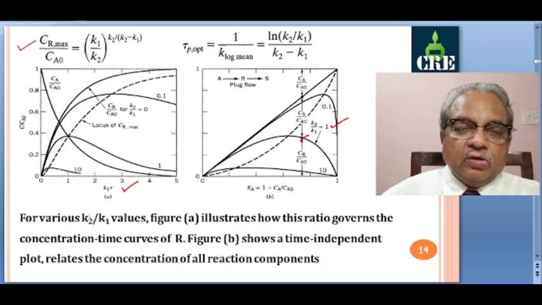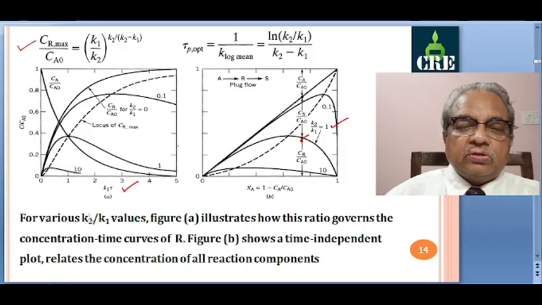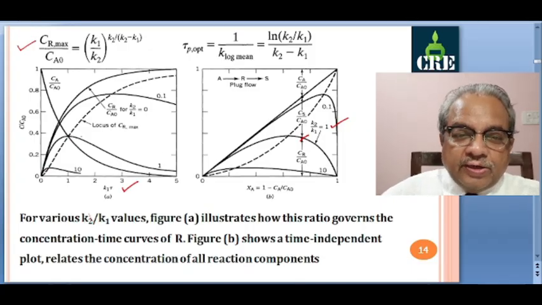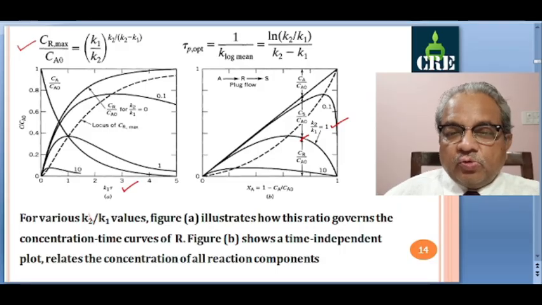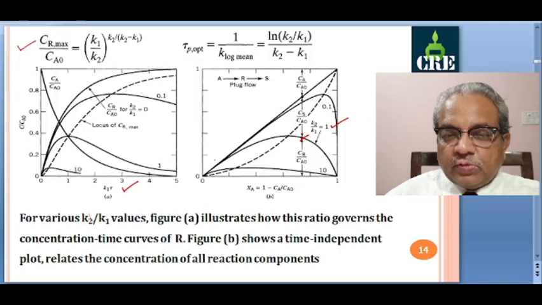You can see for K2 by K1 equal to 10, this is the distribution. Any of these curves, although this curve represents CR only, with this diagonal and using the concept of geometry, you know this is 1 and this is 1, so this is XA, 1 minus CA by CA0, and this is CA by CA0.